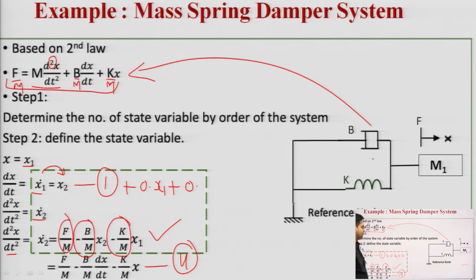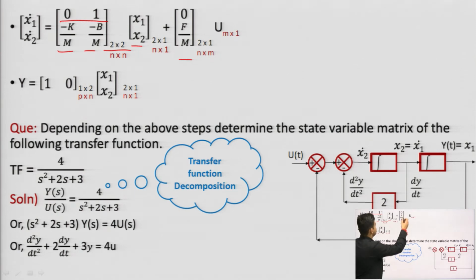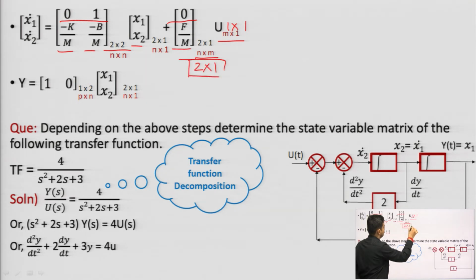So, my input is not present there, that is 0. So, here I have 0 in row 1, F by m in row 2, this is my input matrix of n cross m. Here my input is 1, so that is why it is 1 cross 1 order, and this here is n cross m, 2 state variables, number of inputs is 1. So, order is 2 cross 1.